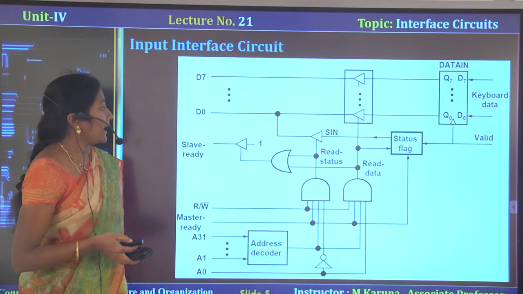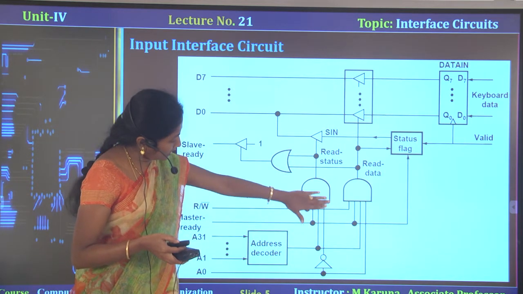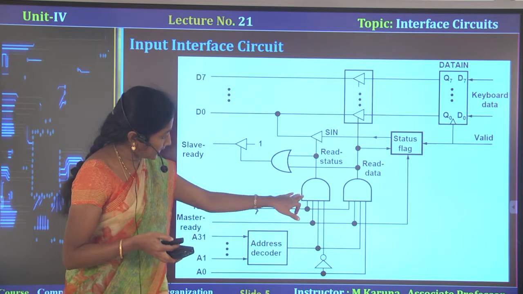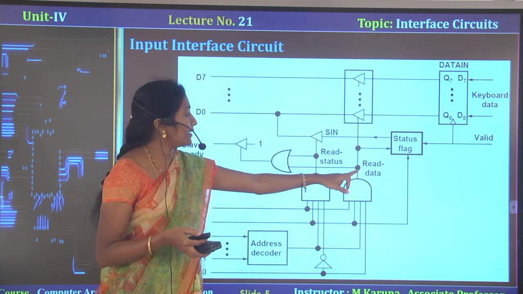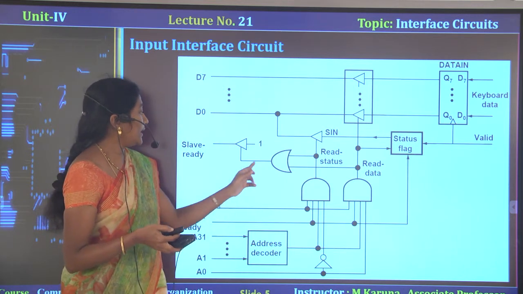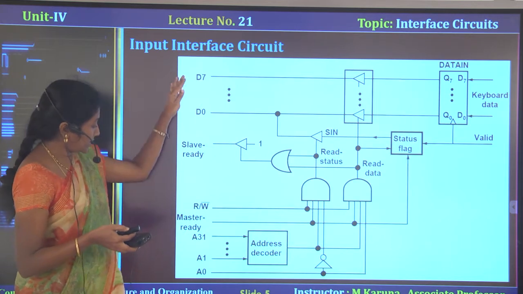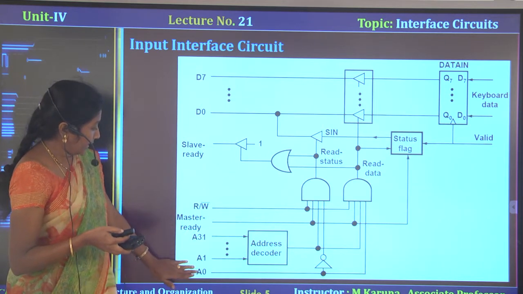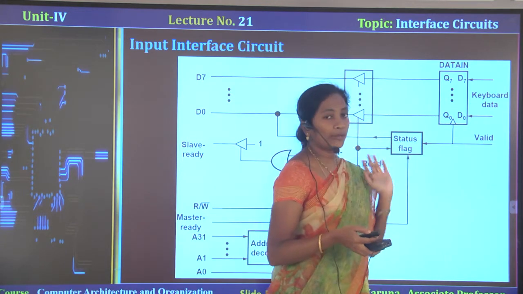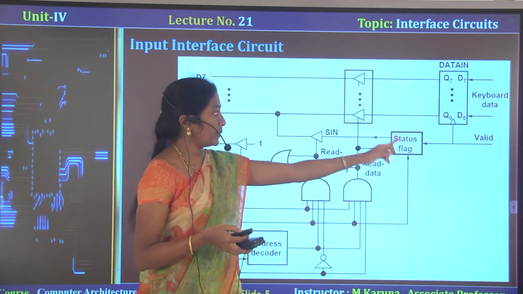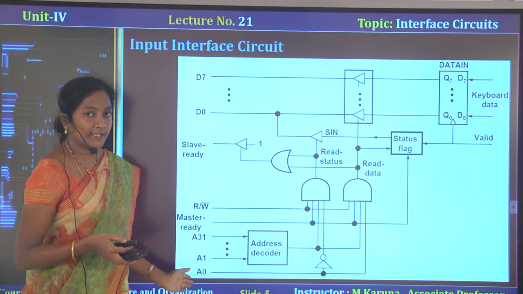Likewise, read status is also updated based on the inputs provided to the next AND gate. Whenever read status and read data are high, the slave ready signal will be issued to the processor. These are all connected at the processor side, and these signals are coming from the keyboard.